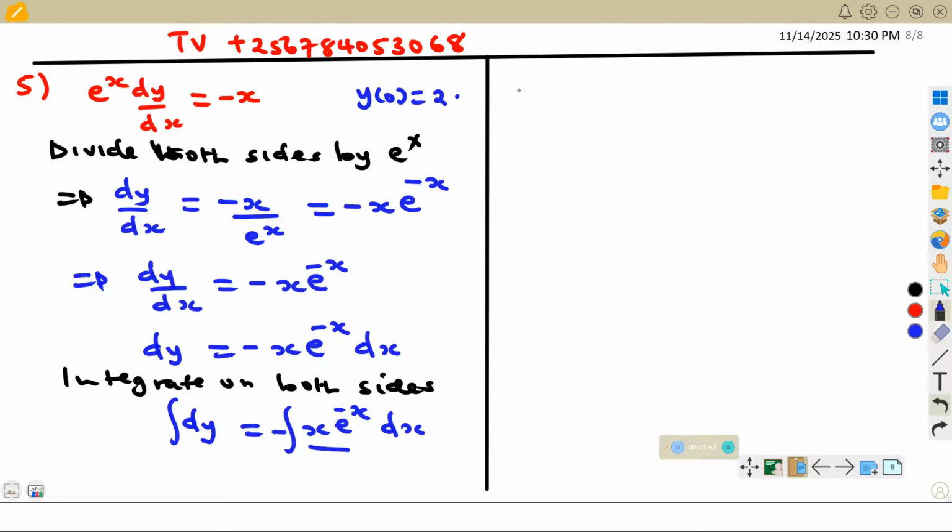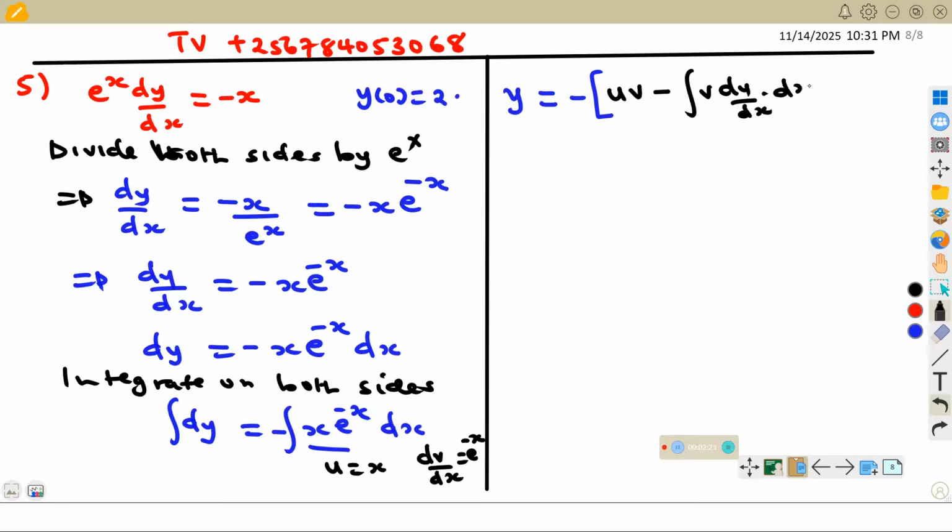So y will be equal to negative of, and from here we let u be x and dv/dx be e to the power -x. Next we need uv minus the integral of v du/dx times dx, then plus c.